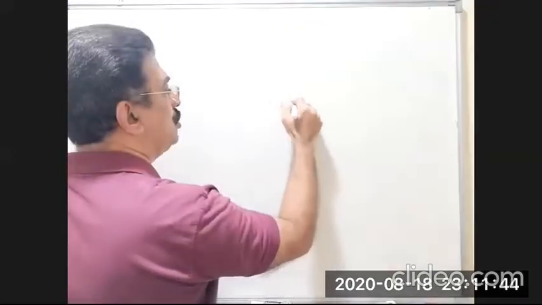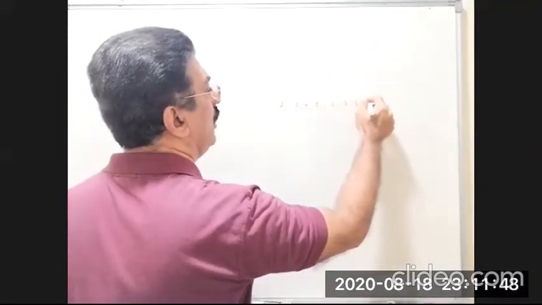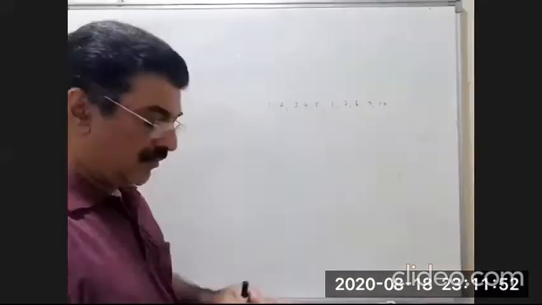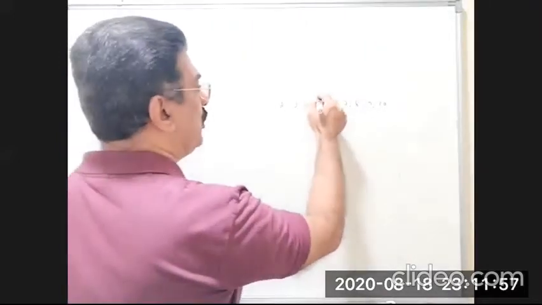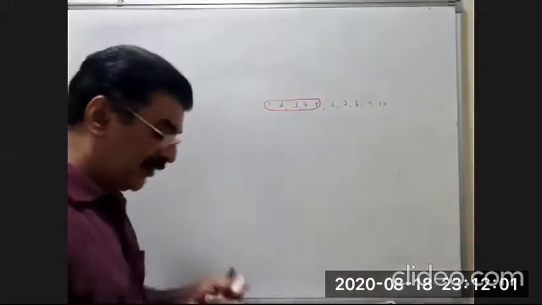1, 2, 3, 4, 5, 6, 7, 8, 9, 10. Here, the sum of the first 5 means the sum of these numbers. Easy. This is the sum of the first 5.